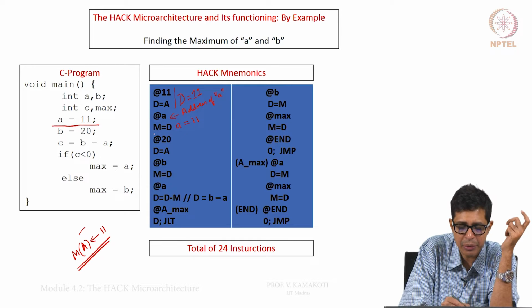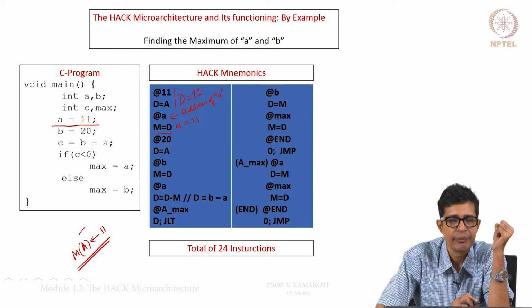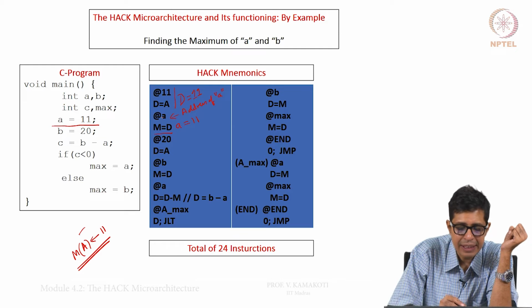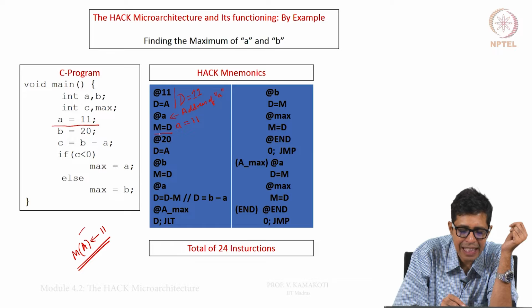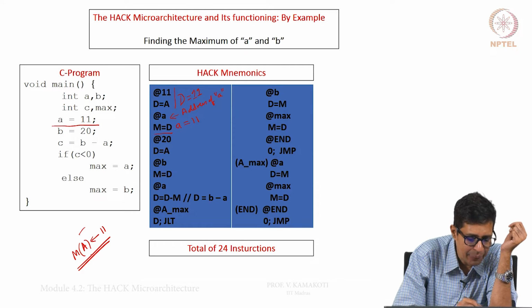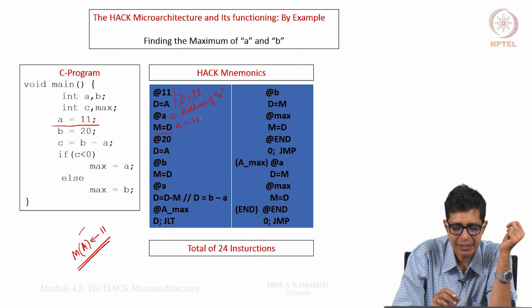This is what M equal to D means. So, when I say @A, the address of A is loaded into the capital A register, and the moment I say M equal to D, M of A now becomes 11. That means the variable A gets the value 11, and A equal to 11 is completed.